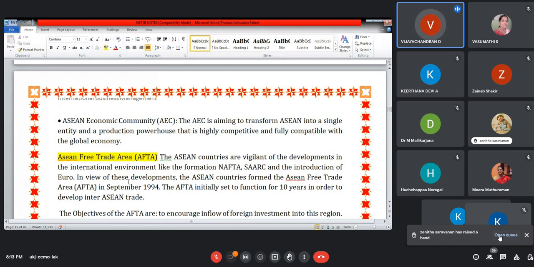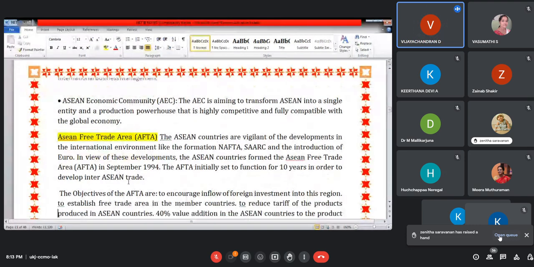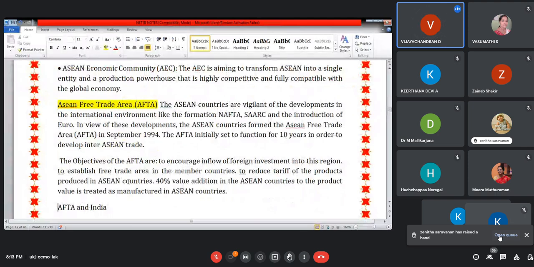In order to face competition with the global economy, this AEC was established by ASEAN, after the ASEAN Free Trade Area. So it is a child of the Association of Southeast Asian Nations.